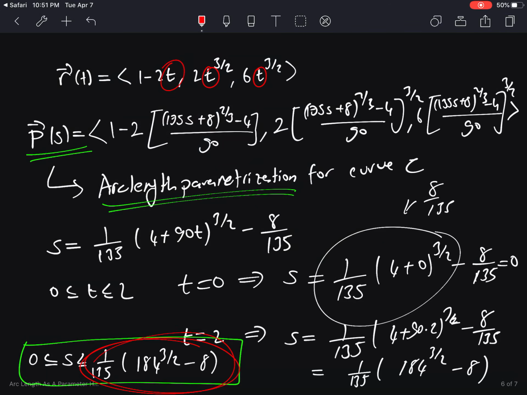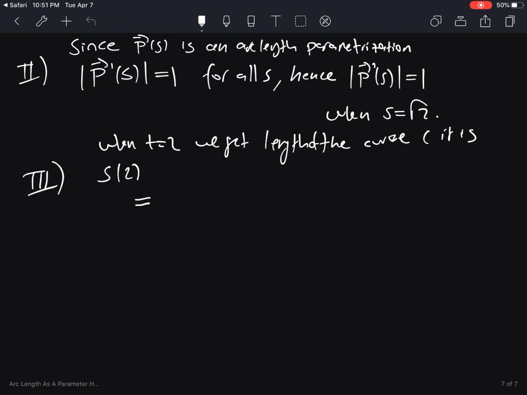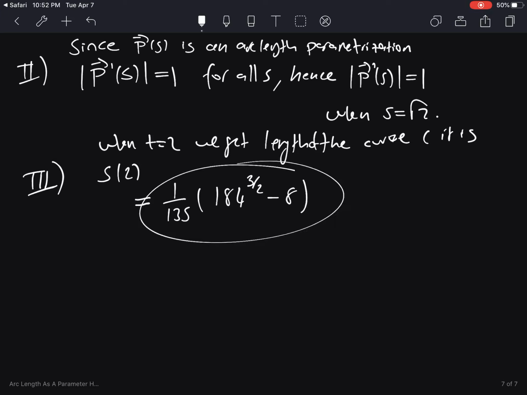So this is the maximum value that s can get. The length of the curve is s(2), which is 1 divided by 135 times (184 to the 3 over 2 minus 8). So this is the length of the curve. Okay, so this finishes all parts of this question.